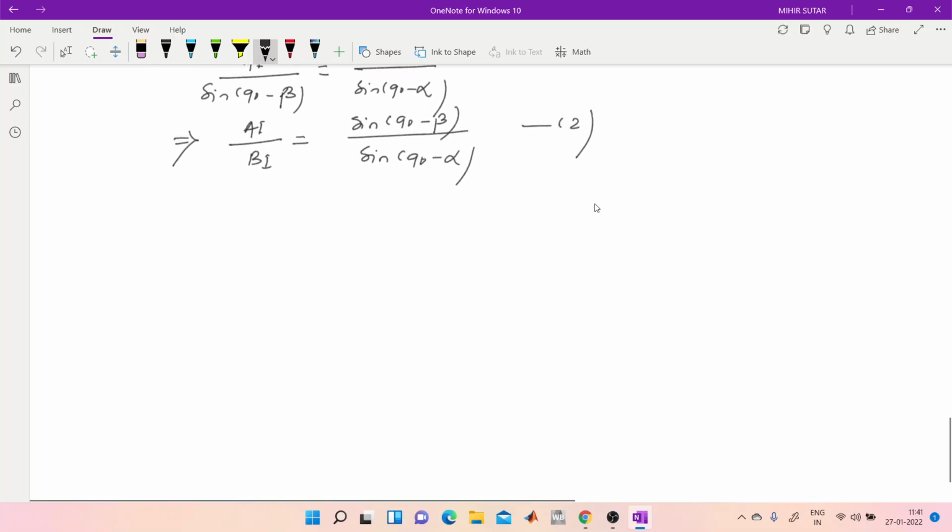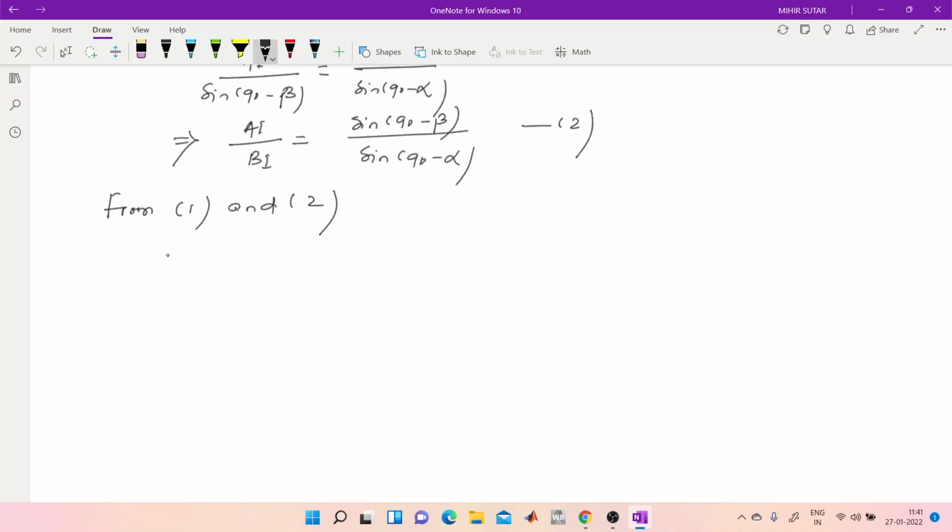Now from equation 1 and 2, it can be seen that VA by VB is equal to AI by BI. Or we can say that VA by AI is equal to VB by BI.